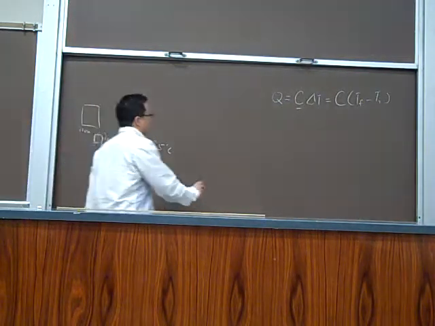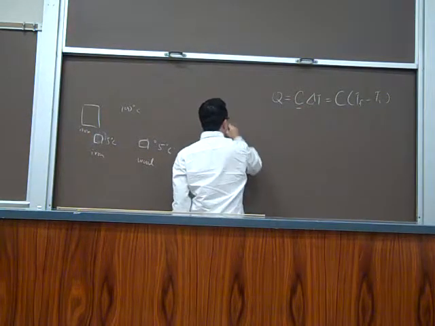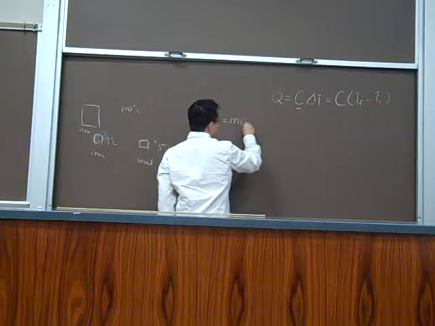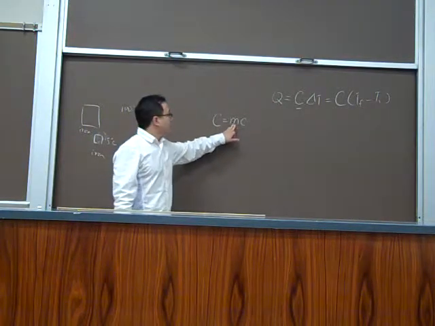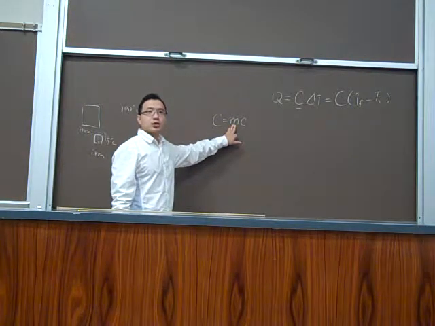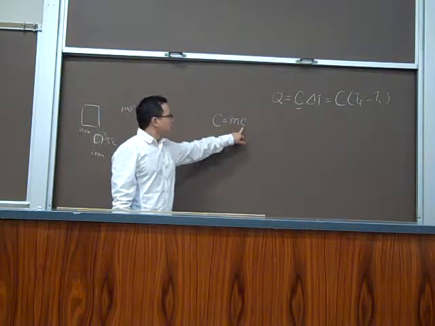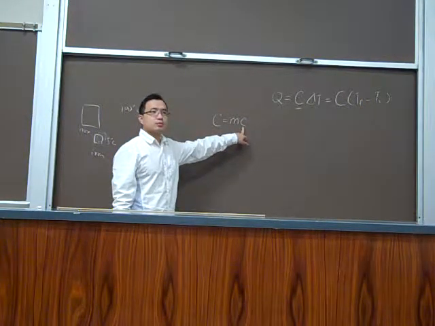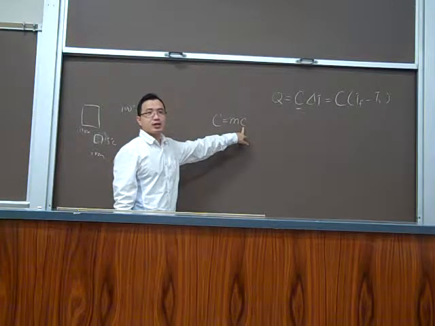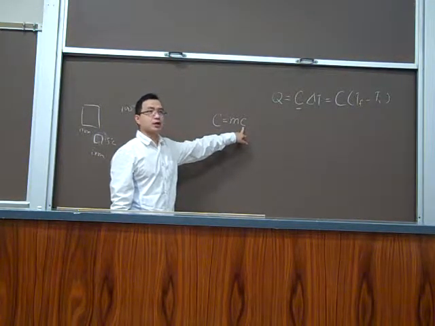So we can further write the heat capacity as mc. Here is capital C, here is a small c. M is the mass of the sample, and small c is the specific heat capacity of the material. Sometimes we simply say specific heat.